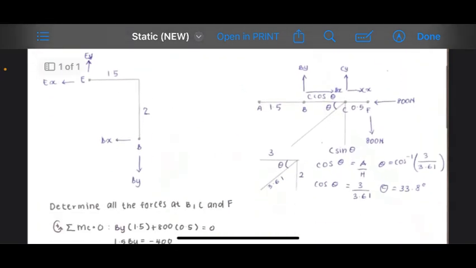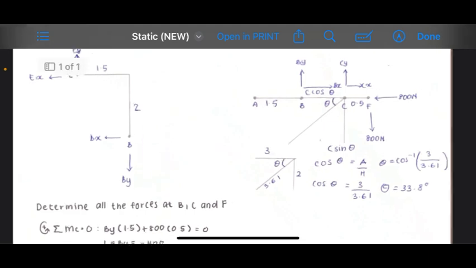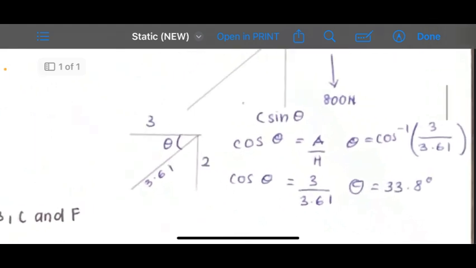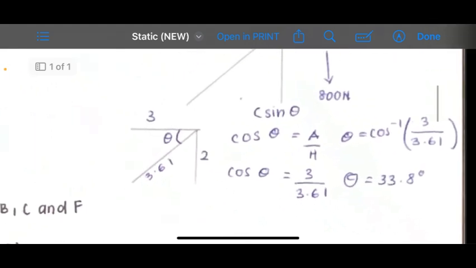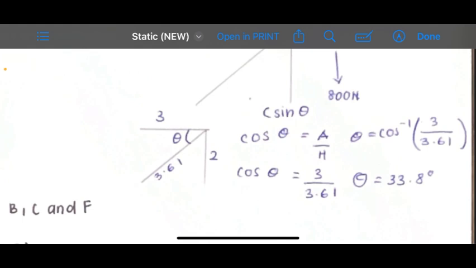After that, we write all the forces that we need to find, so that it is easier to find the forces using the formula. After that, we need to find theta using the formula given.